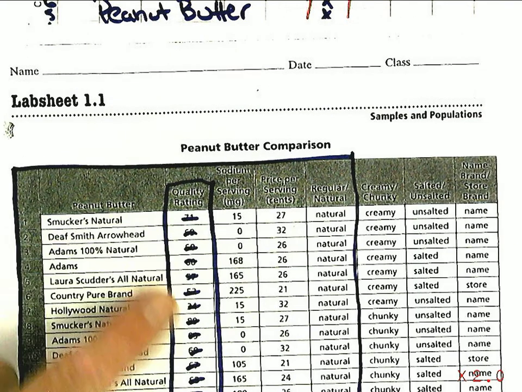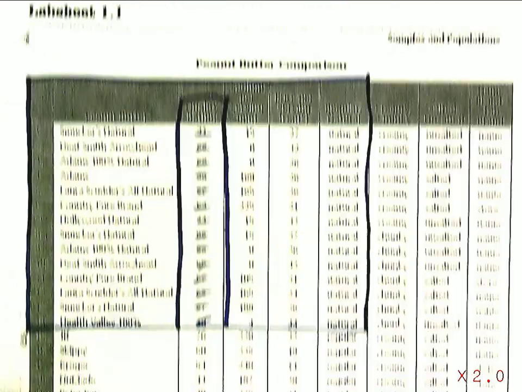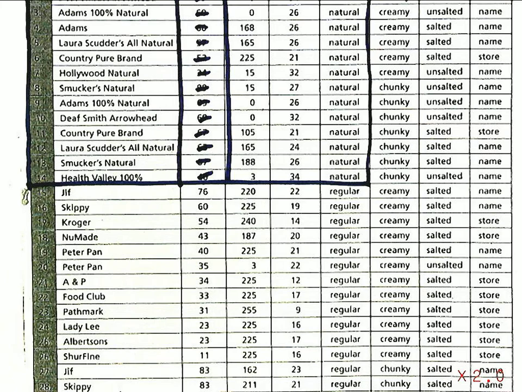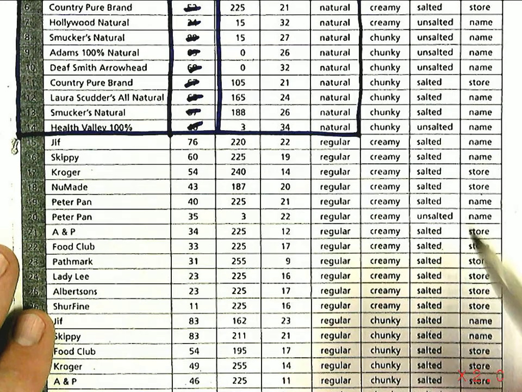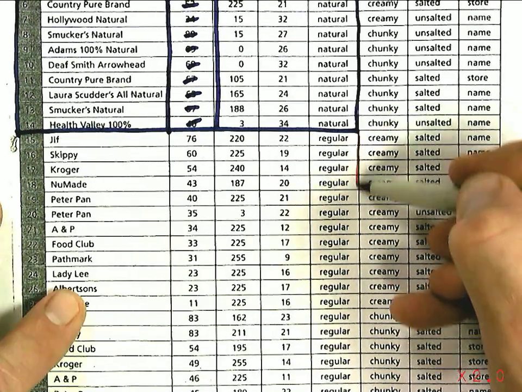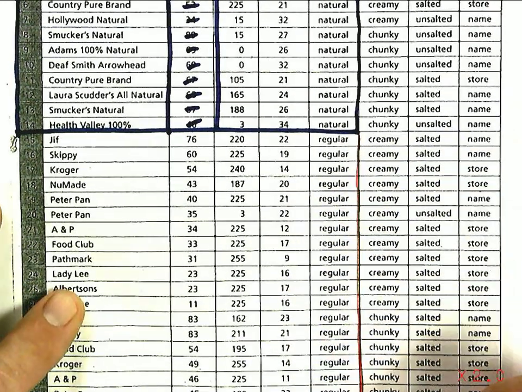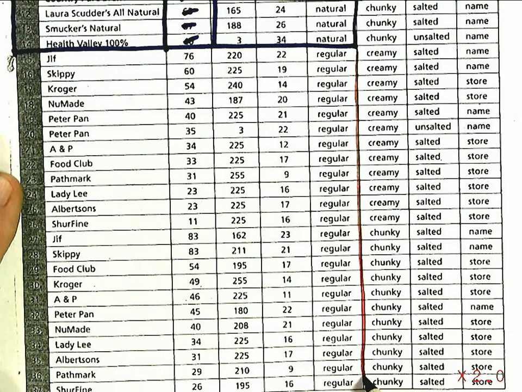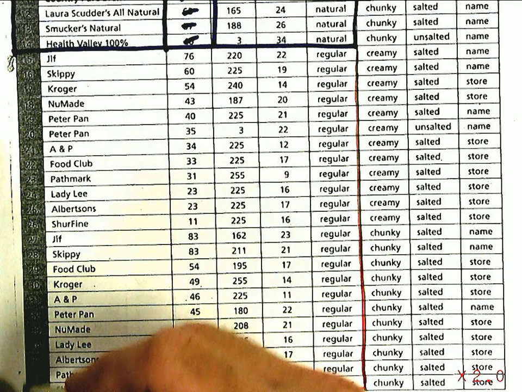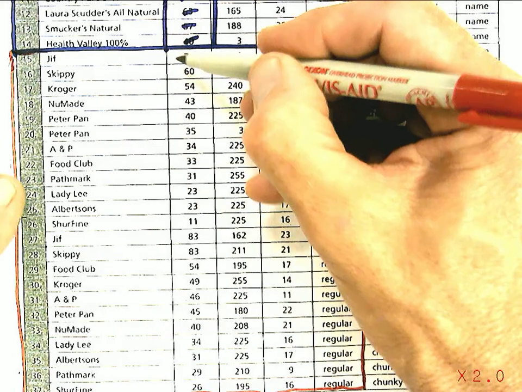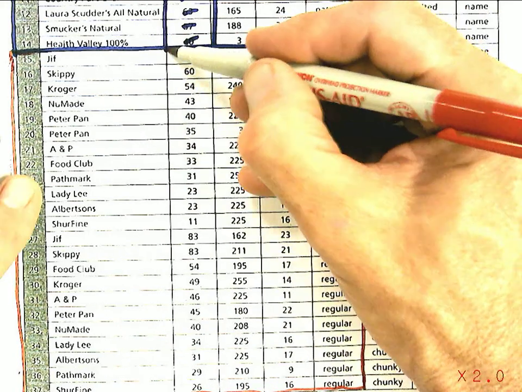The first time we did the natural peanut butters, which are at the top, and now we're going to do the regular peanut butters that are at the bottom of the chart. So you can see regular, all these down here are regular peanut butters. And we want to look at their quality ratings right here.